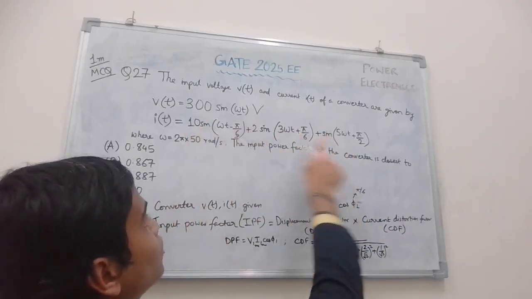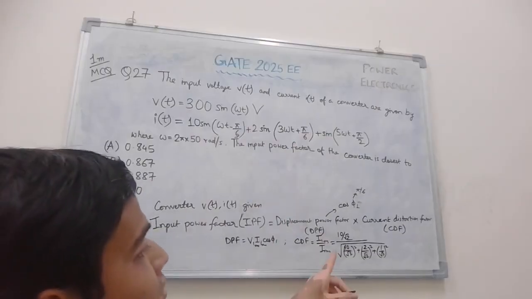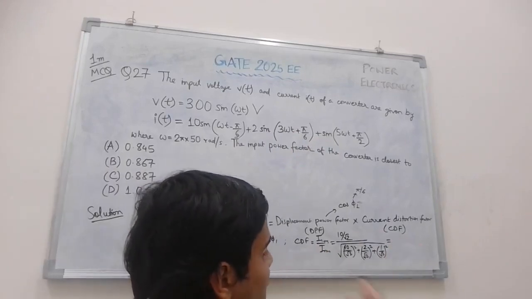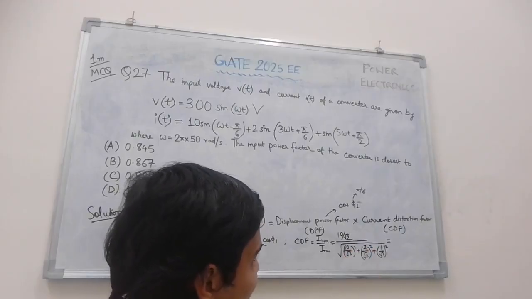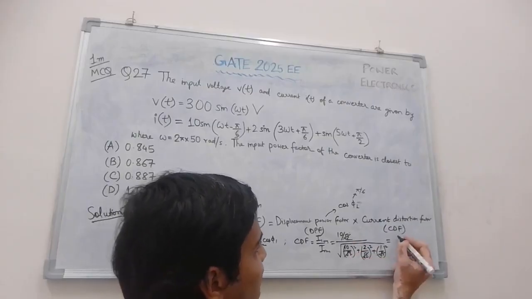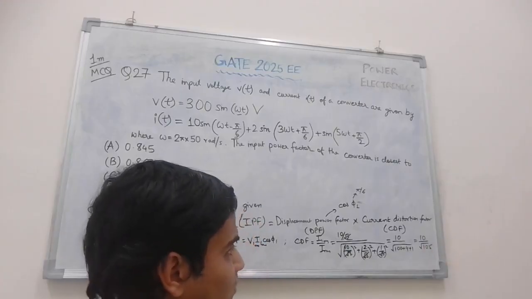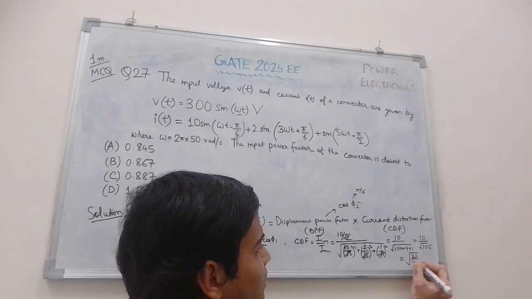Right, 10, 2 and 1 are the amplitudes of the different frequency components. So fundamental RMS by total RMS, we get what? Root 2 cancels. So we are left with 10 by root of 100 plus 4 plus 1, that is 10 by root 105. Or you can also simplify it to 20 by 21.